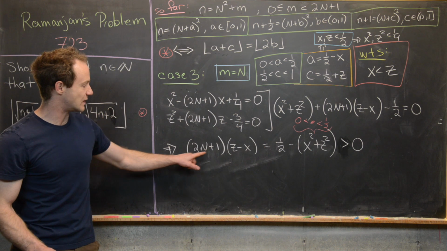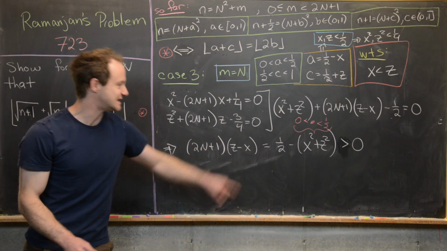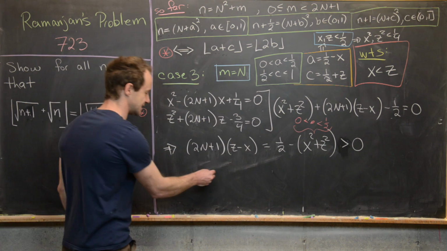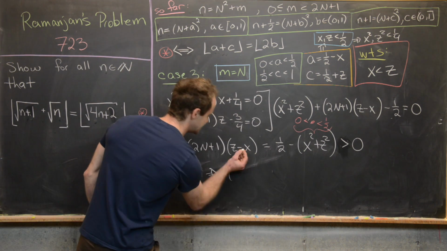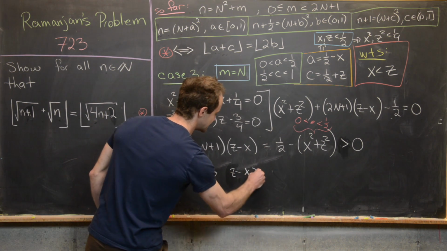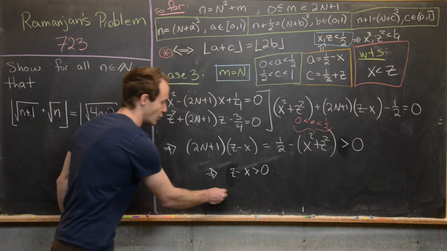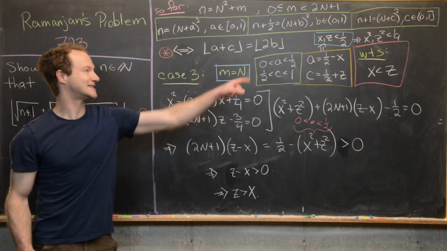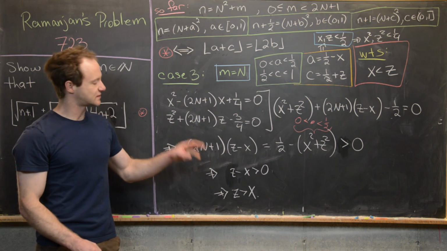So look at what we have. We have 2n plus 1 times z minus x is positive. 2n plus 1 is always positive. So that means that z minus x, in this case, is also positive, which tells us that z is greater than x, but that's exactly what we wanted to show. So let's see what we've got.